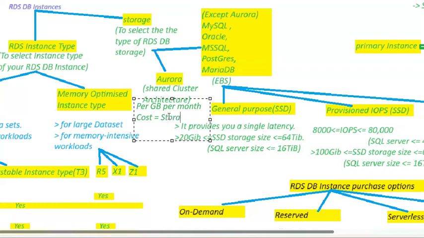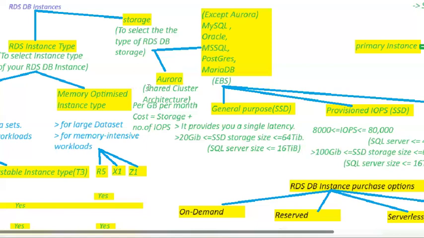And for whatever storage we use, we will be charged. And for the number of input output requests, that is the number of IOPS that we made for our database, for our Aurora storage, we will be charged.